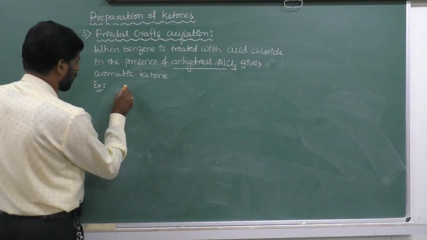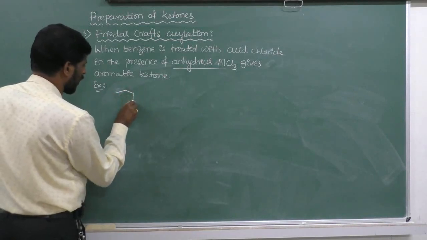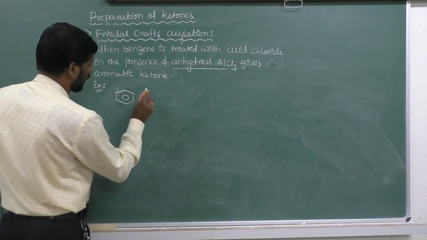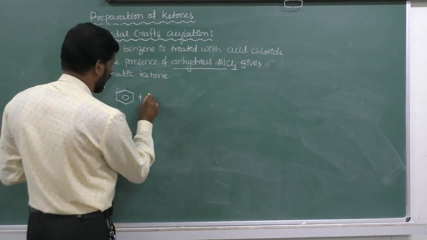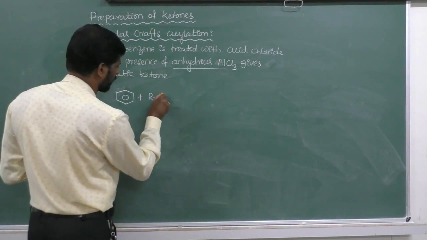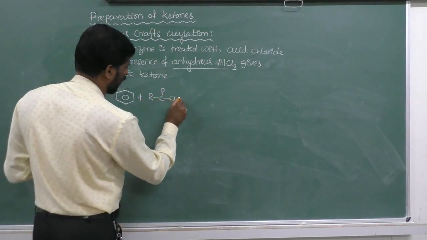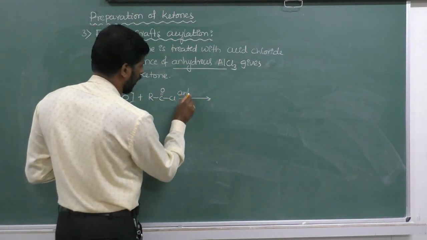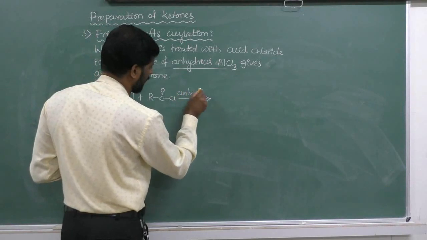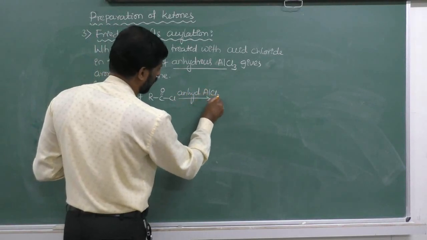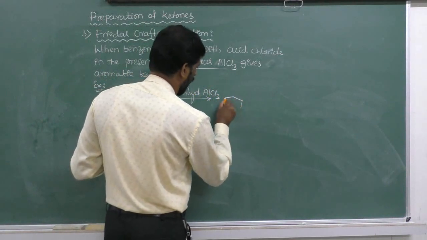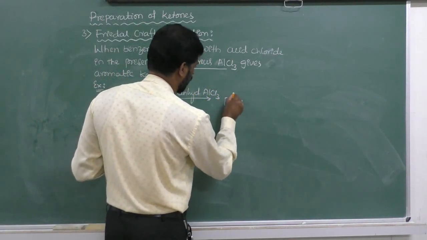Benzene is treated with acid chloride in the presence of anhydrous aluminum chloride, that leads to the formation of aromatic ketone.